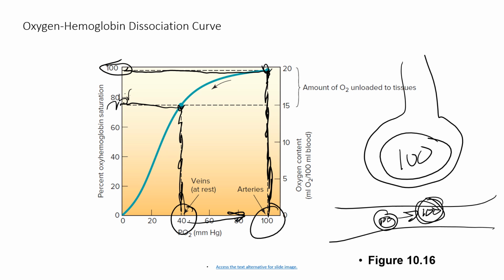It changes their structure. And they go from being 75% saturated to 100% saturated. Basically, it increases their affinity for oxygen. The hemoglobin proteins will begin to bind more oxygen when the partial pressure of oxygen within the fluid around them goes up to 100 millimeters of mercury.